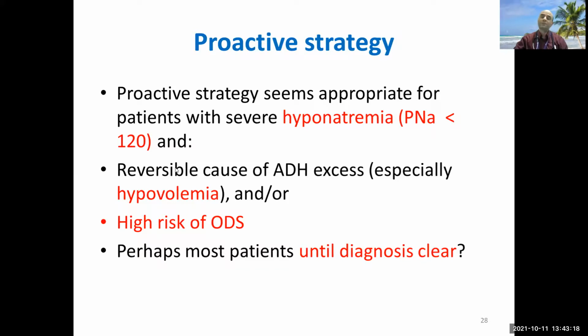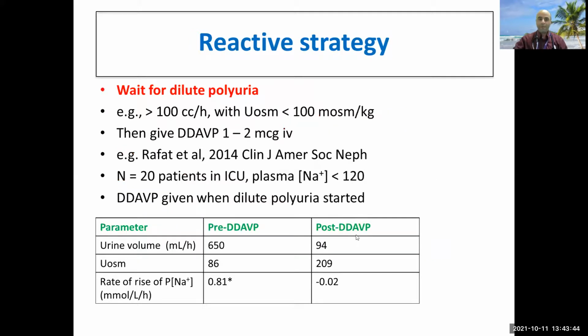You should give D5 water or let the patient drink water. High risk of osmotic demyelination syndrome also, this was the proactive strategy for DDAVP, as I mentioned before. Perhaps most patients, until diagnosis, if the diagnosis is still not clear and you still don't have data for your patient, you should lock him and not let him overcorrect.